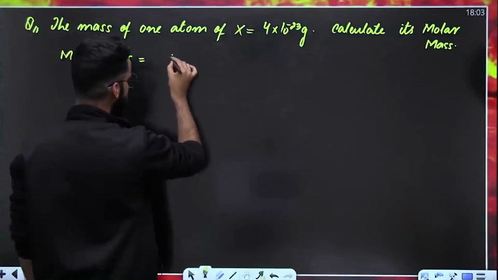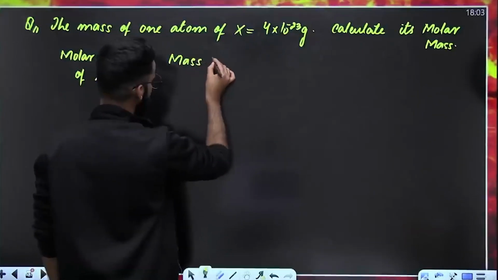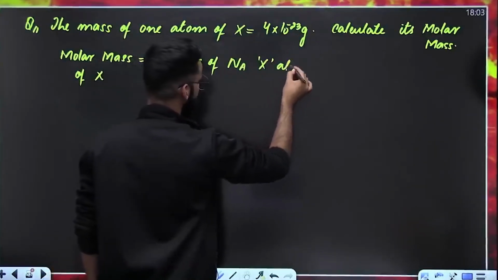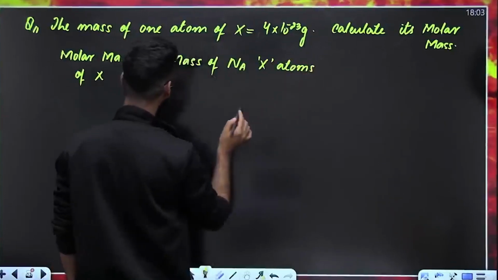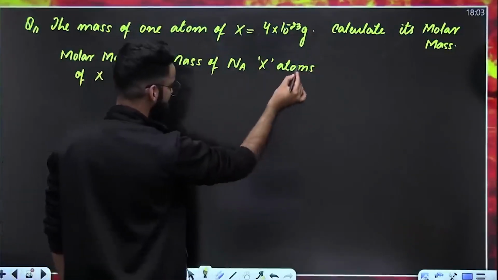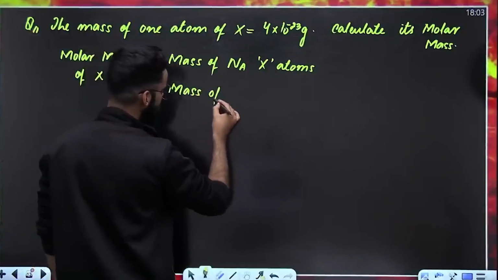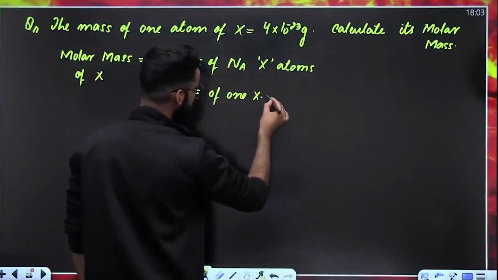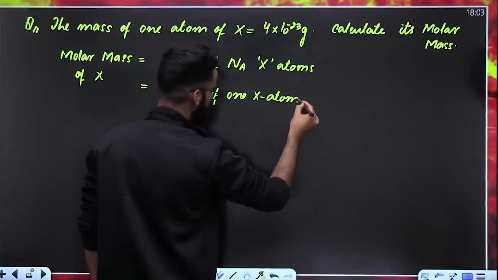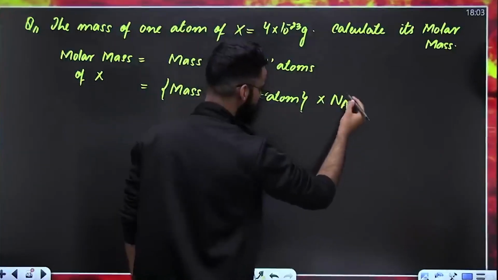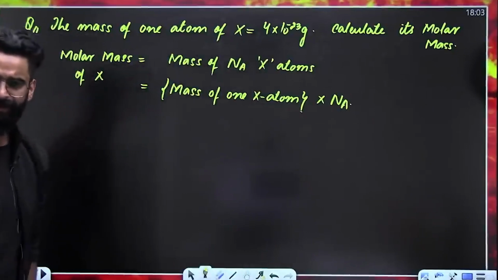I'm writing it. Now, dear students, few minutes back only I told you how to write this particular state. Mass of NA X atoms means the mass of one X atom multiplied by what? Multiplied by Avogadro's number. Simple, right?